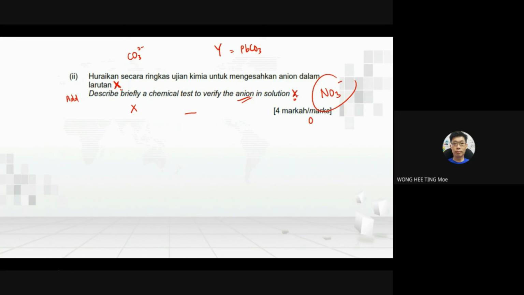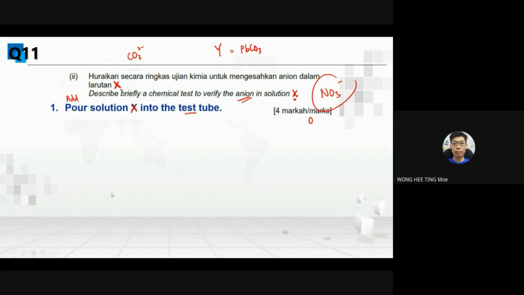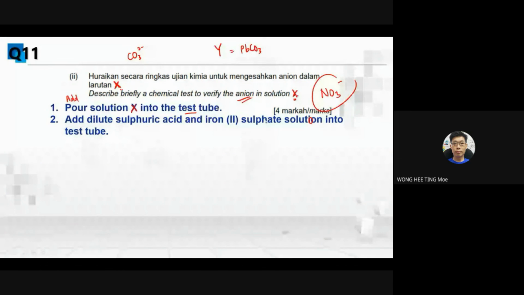So add dilute sulfuric acid and iron(II) sulfate solution into the test tube. Then carefully add concentrated sulfuric acid.